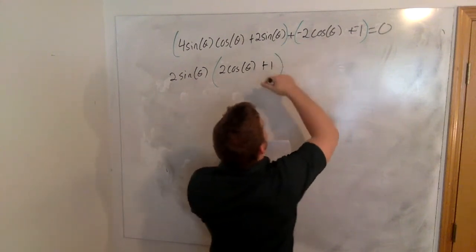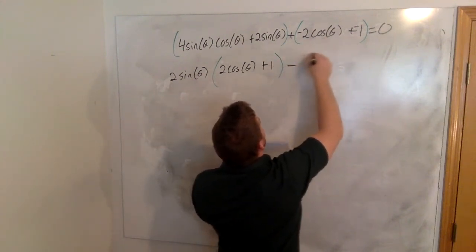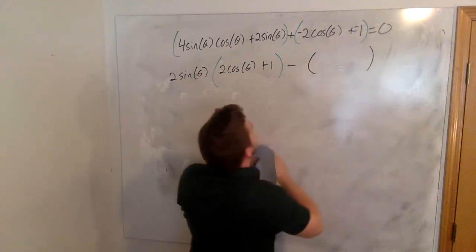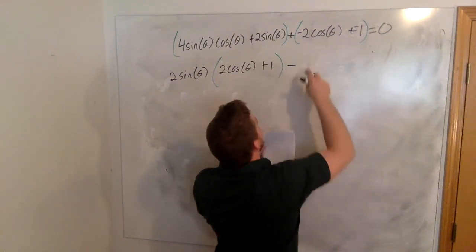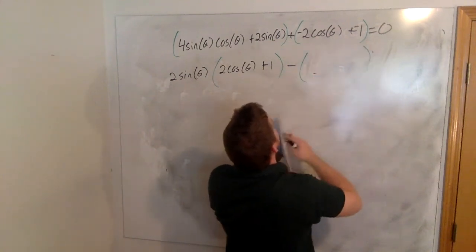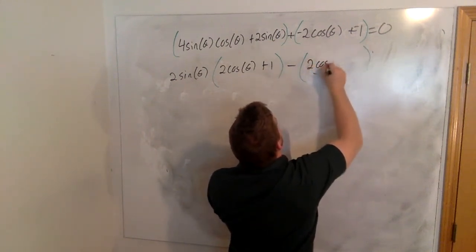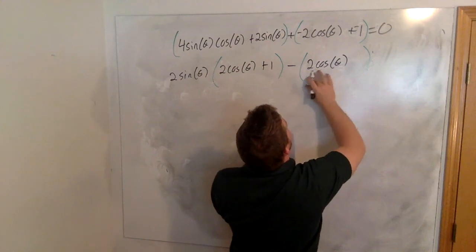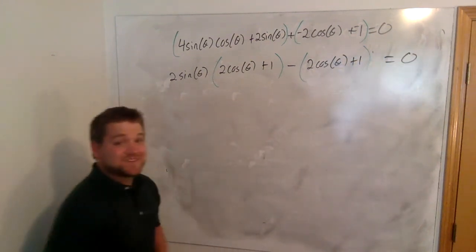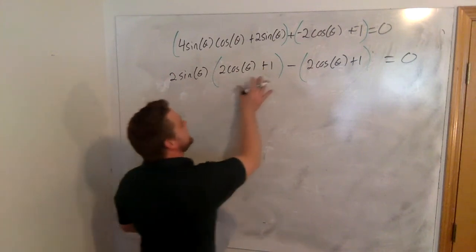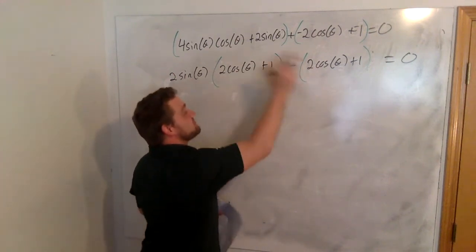And look, we can factor out a negative from the second set, and we'll be left with 2 cosine of theta plus 1. What's great is that what's inside the green parentheses match, so we can factor that out front.